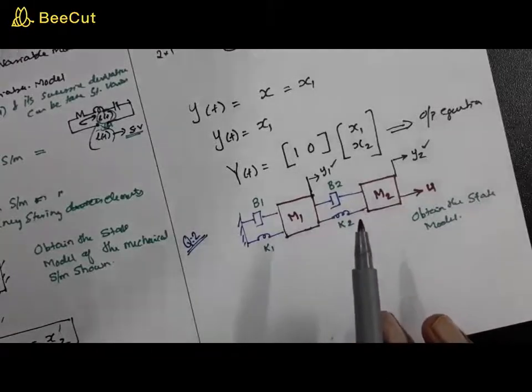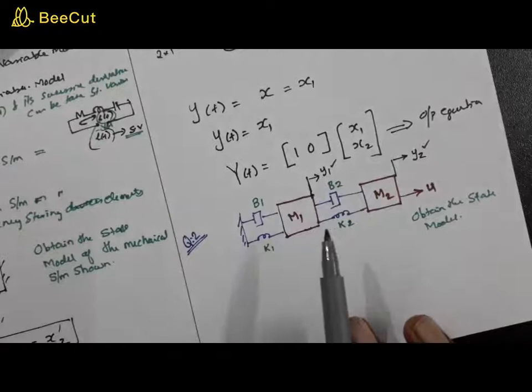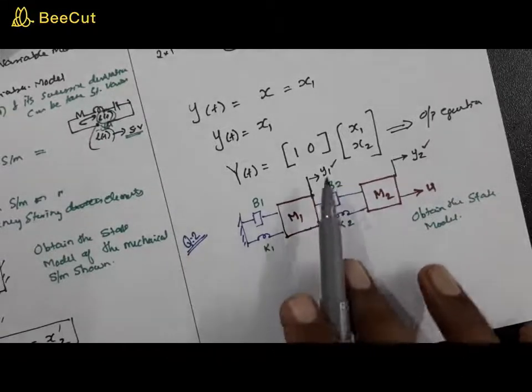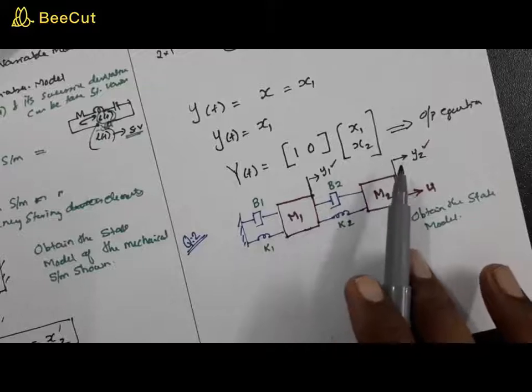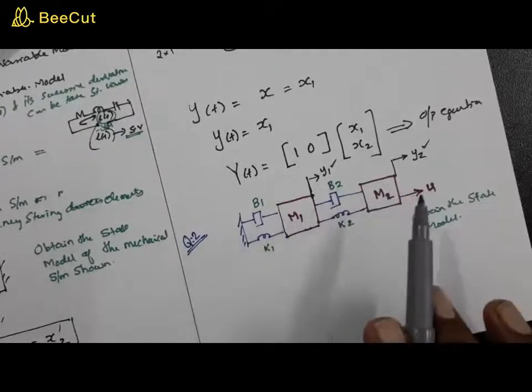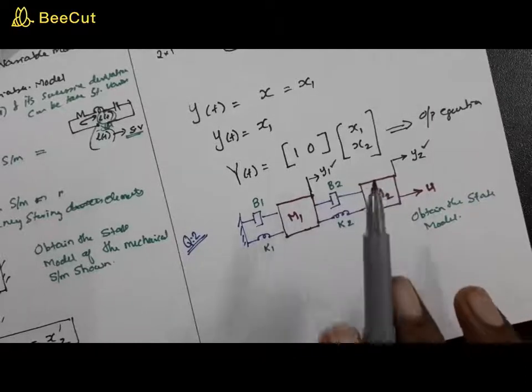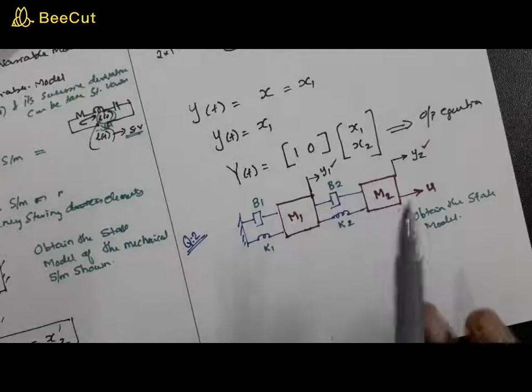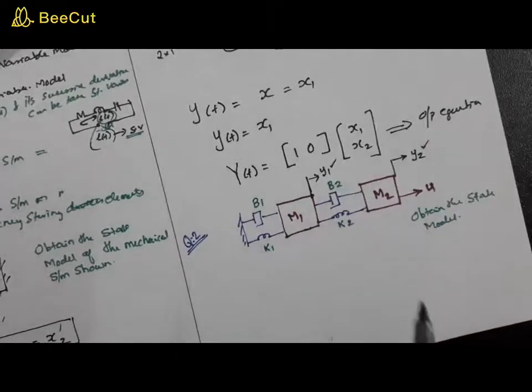One second order differential equation requires two state variables. So since it has two differential equations, this particular system will have four state variables.